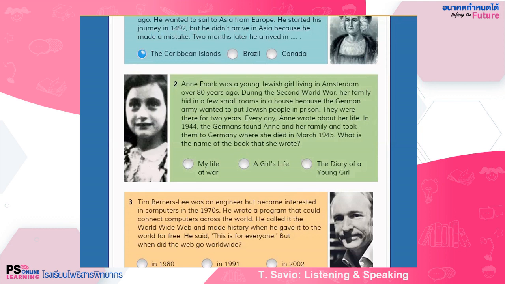Every day, Anne wrote about her life. In 1944, the Germans found Anne and her family and took them to Germany, where she died in March 1945. What is the name of the book that she wrote? My Life at War, A Girl's Life. I think it's this one. The Diary of a Young Girl.